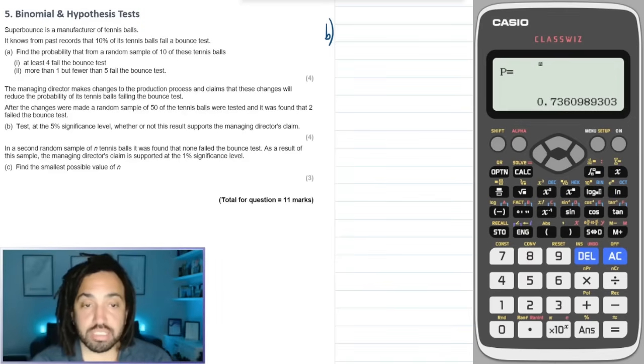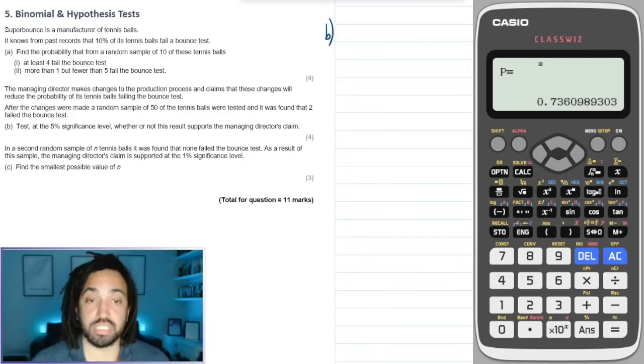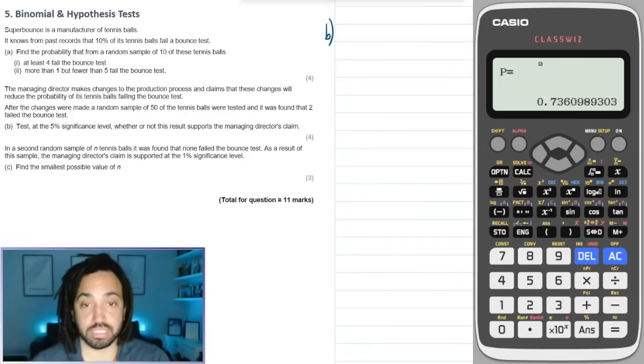Okay, so next, the managing director makes changes to the production process and claims that these changes will reduce the probability of its tennis balls failing the bounce test. After the changes were made, a sample of 50 tennis balls were tested and it was found that 2 failed the bounce test. Test at the 5% significance level whether or not the manager's claim is supported. Okay, great.